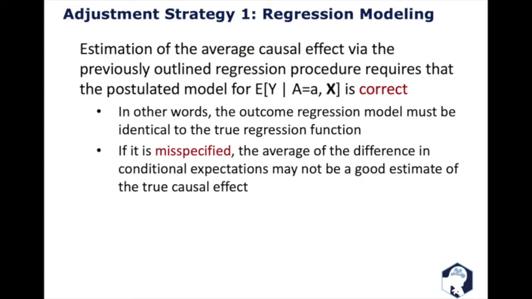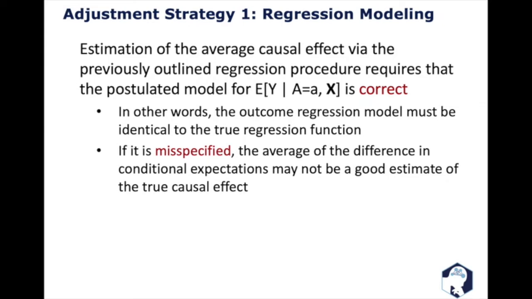Estimation of the average causal effect via the previously outlined regression procedure requires that the postulated model for the conditional expectation of our outcome Y given A and X is correct. So this is a critical aspect of estimation of average causal effects. We need the model for the outcome given treatment and confounder to be correct.